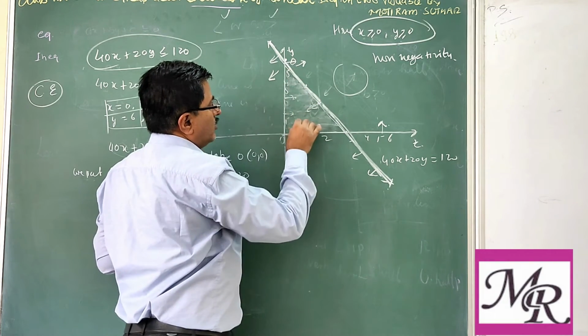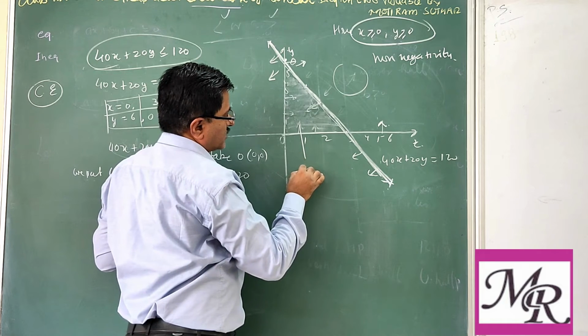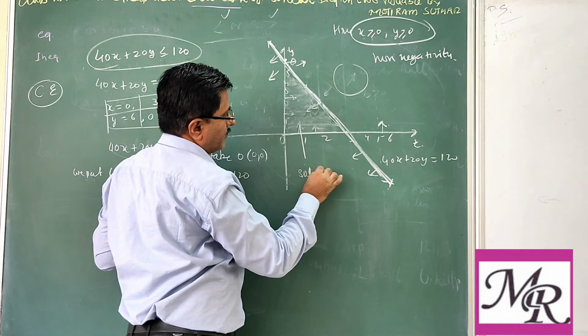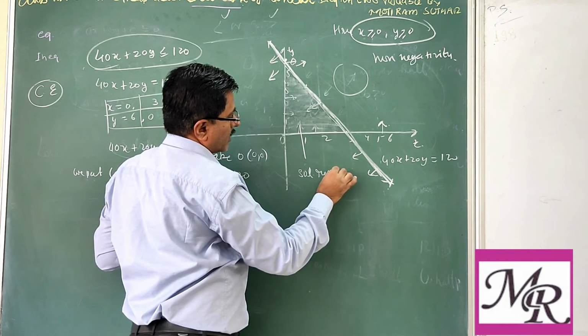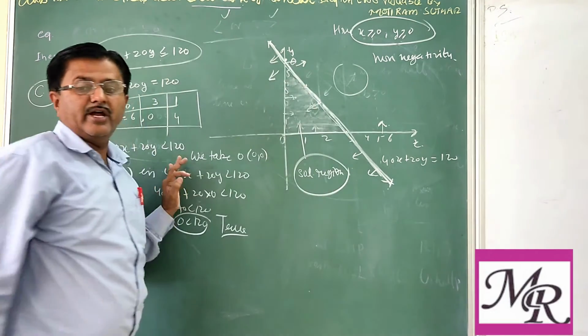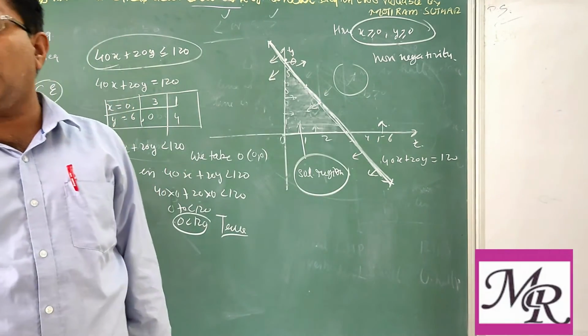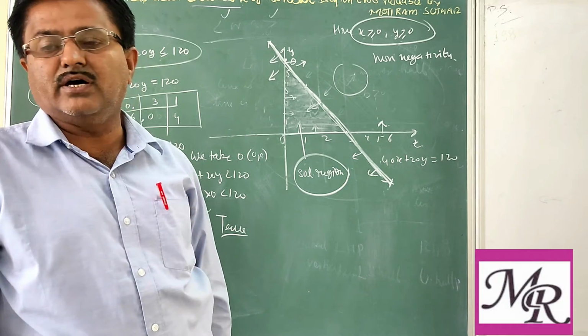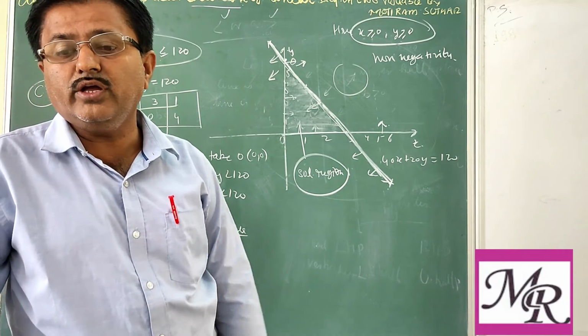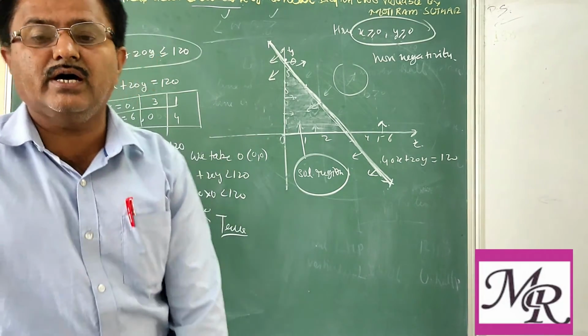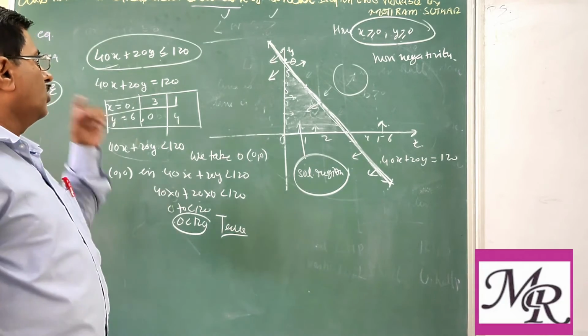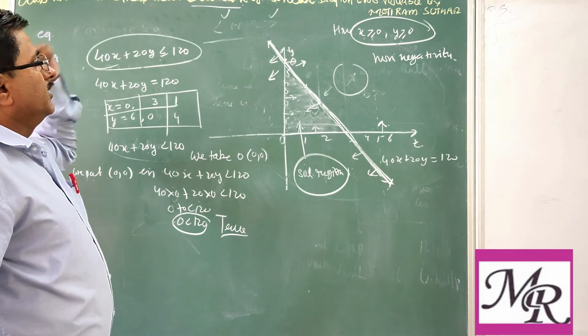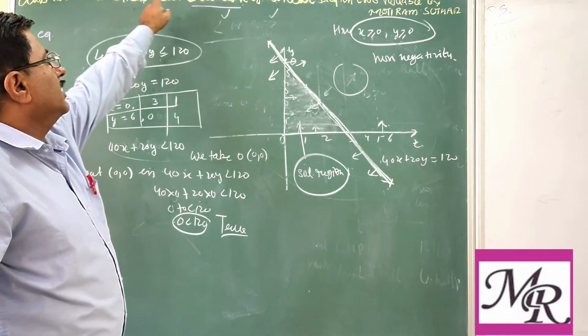So this is known as the shaded region, the solution region. This shaded portion is the solution region. So in this way we can represent the graph of the solution of a linear inequality. So what does it say?